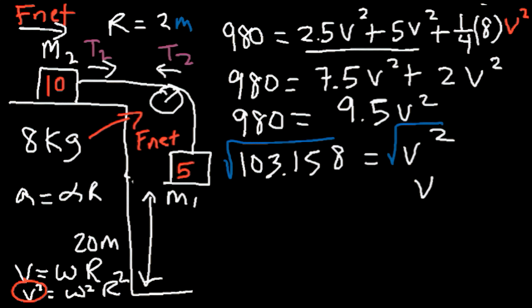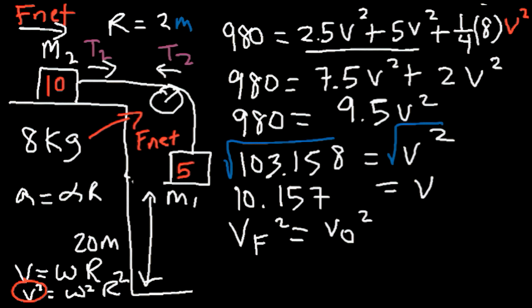So therefore, the final velocity, or the final speed, just before the 5 kilogram block hits the ground is about 10.157 meters per second. And now that we have the final speed, let's use this equation to calculate the acceleration.